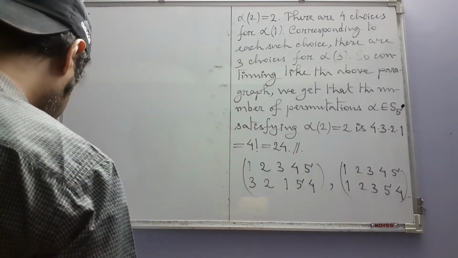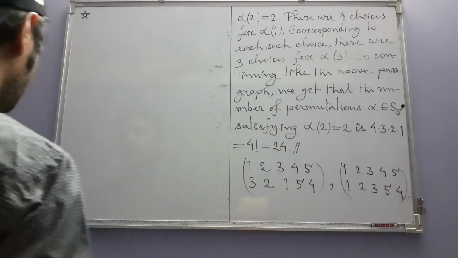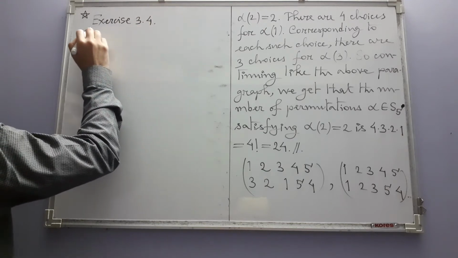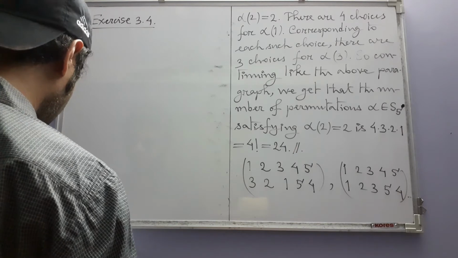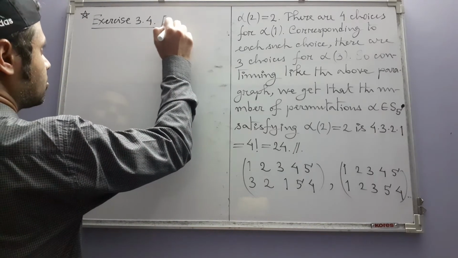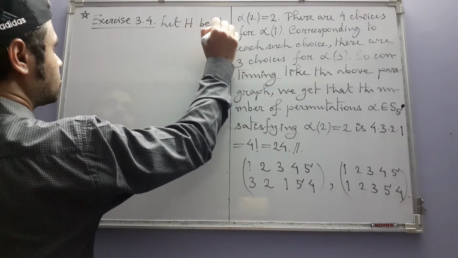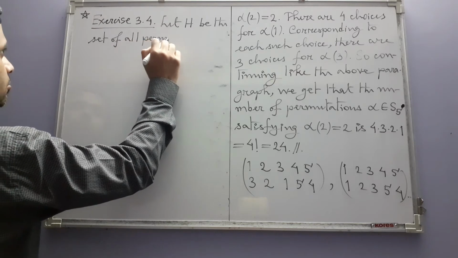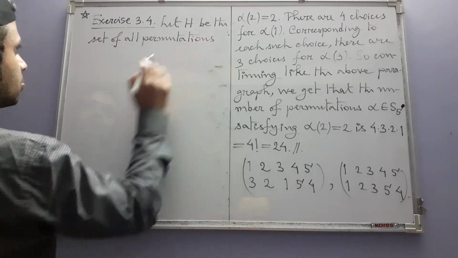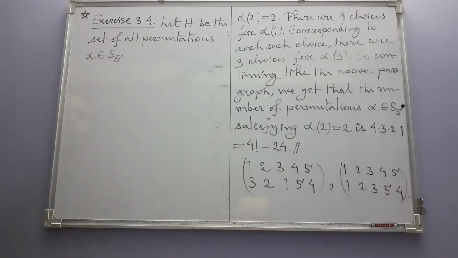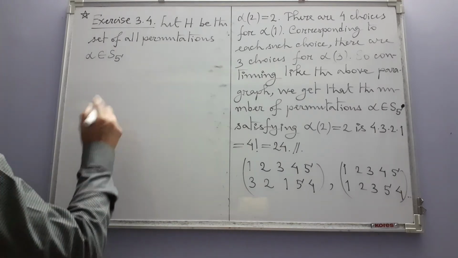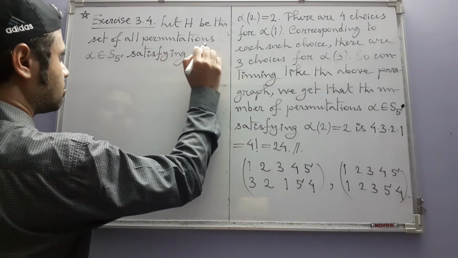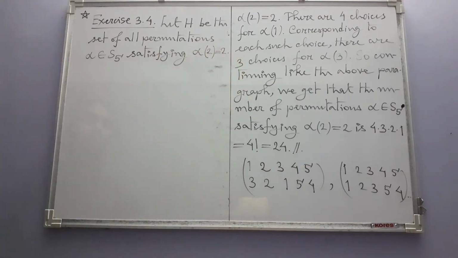Okay, next. Three, 4. Let H be the set of all permutations alpha in S5 satisfying alpha of 2 equal to 2.